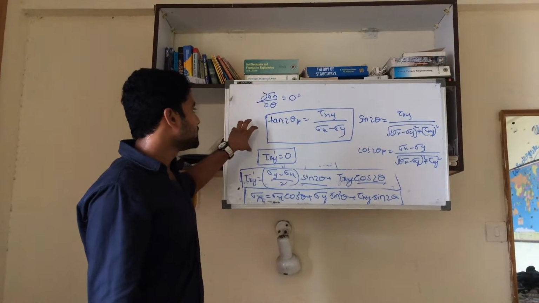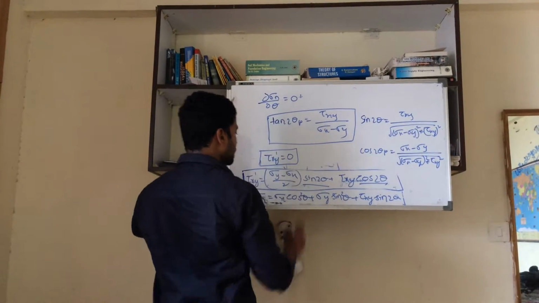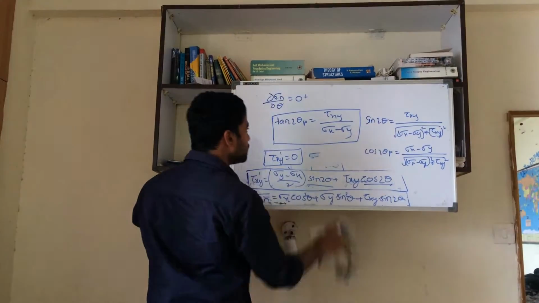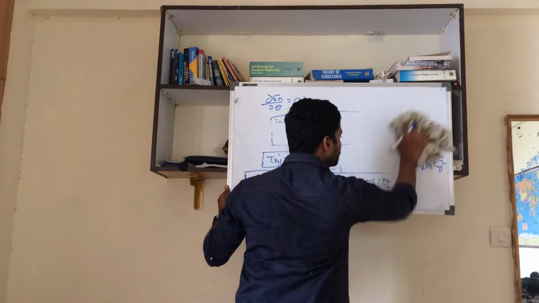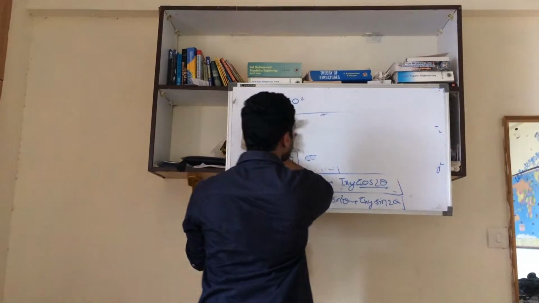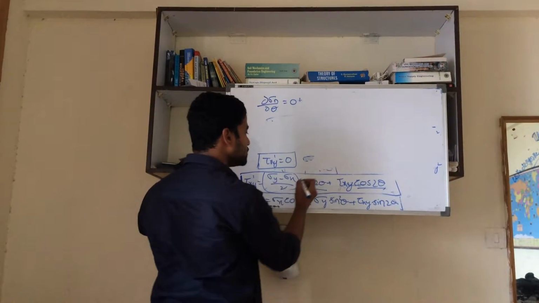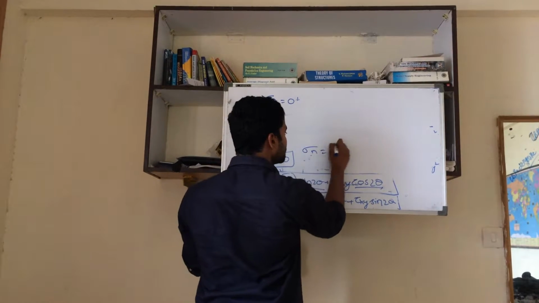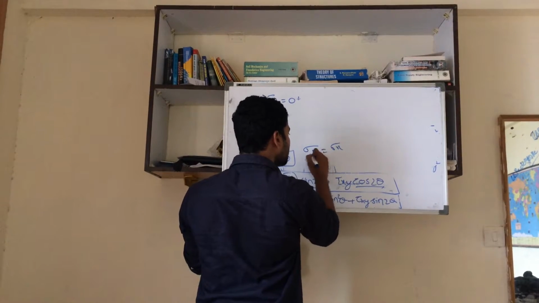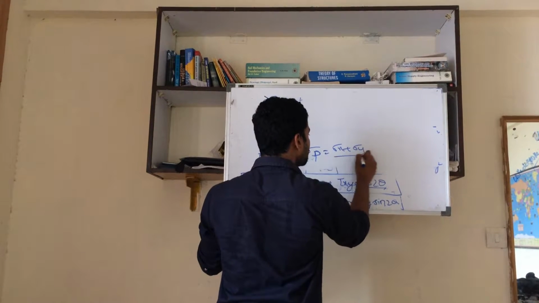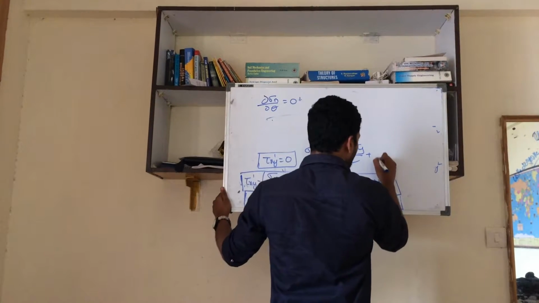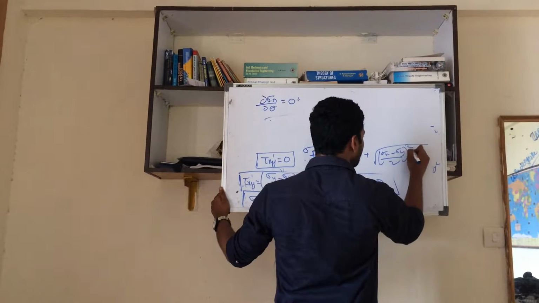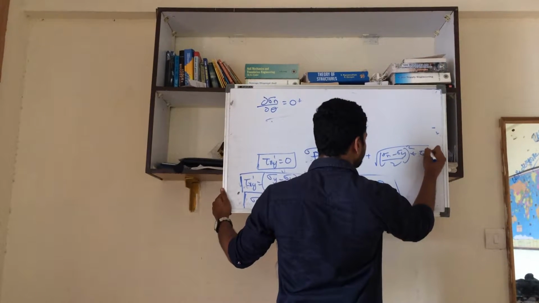Hence, on this plane, after substituting tan 2 theta equal to this value, you will get tau xy dash equal to 0, and sigma n, which we can call sigma p, is equal to sigma x plus sigma y by 2 plus under root of sigma x minus sigma y by 2 whole square plus tau xy square.